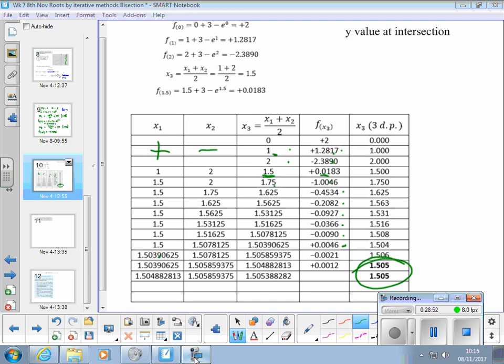We then find a new root, and we replace the old positive guess in, and we get a negative one with this. Look, because that result was positive, the 1.5 went in there.